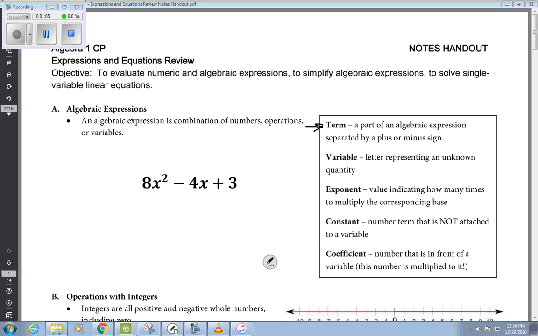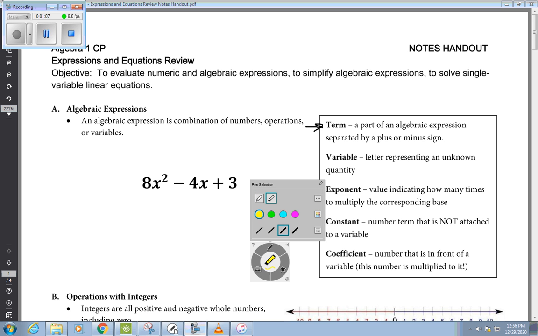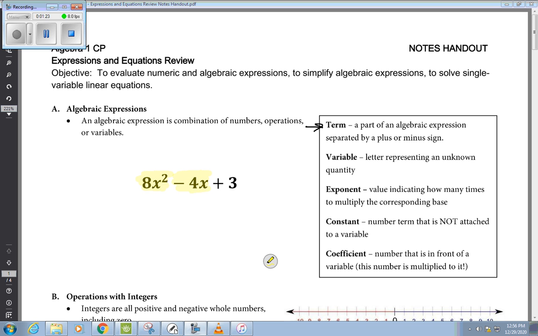First thing are terms, which are the parts of an algebraic expression separated by a plus or minus sign. So in this expression, 8x squared minus 4x plus 3, there are 3 terms. 8x squared, minus 4x and positive 3.